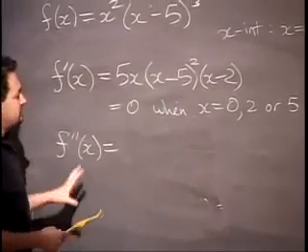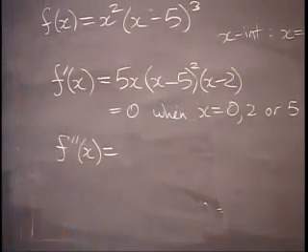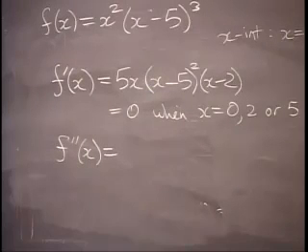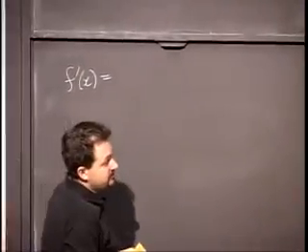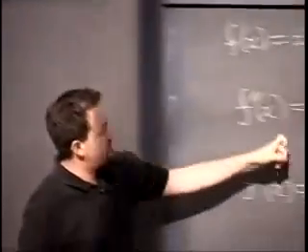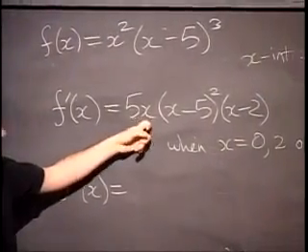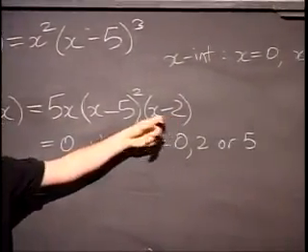I kind of want to save this area, so maybe we can do the computation on this board over here. So I'm going to rewrite the first derivative. In fact, I'm going to just display this for 1 second. I'm going to combine this factor and this factor for ease.